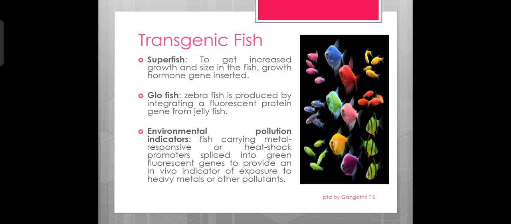We take the sea anemone gene for fluorescent protein, which is taken out from jellyfish, and then it is inserted into the embryo of zebrafish in order to get that glowing fluorescence colors in the pet fishes.